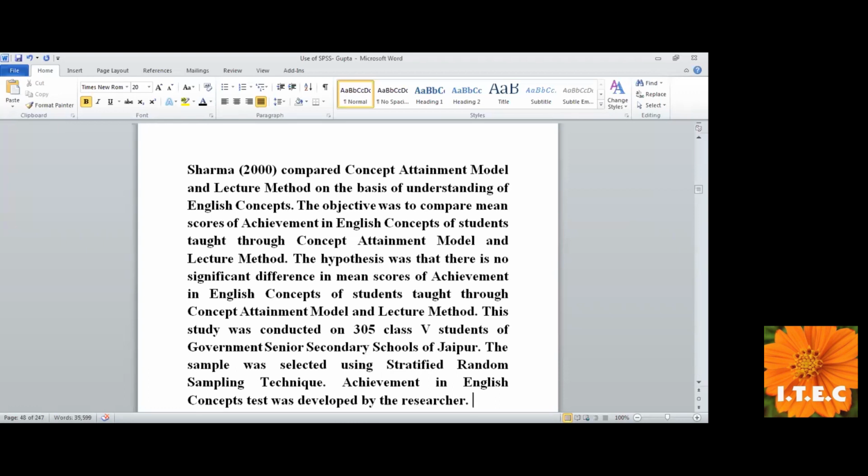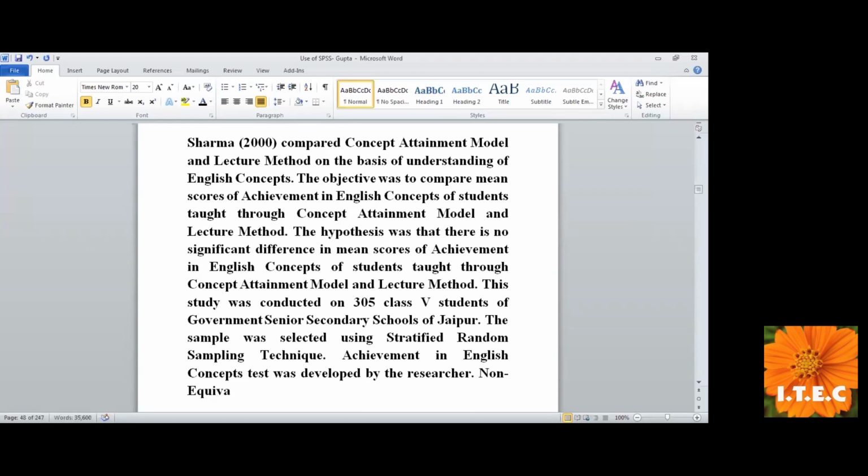Now it was an experimental study, so you should write that. Non-equivalent control group design was followed. The name of the design you will find out from the paper only.